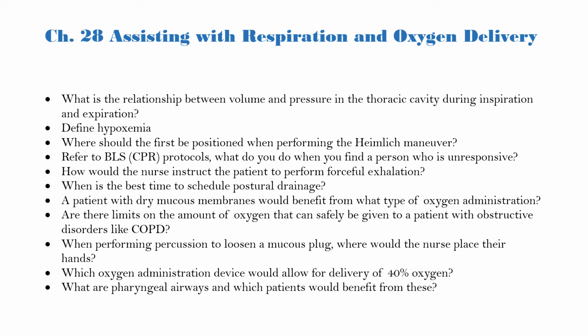A patient with dry mucous membranes would benefit from what type of oxygen administration? That would be humidified oxygen, and you can find that information on page 526. Another disadvantage associated with the use of gas is that it dries the tissues of the respiratory tract. Until moisture is added, the dried tissues can become cracked and provide less resistance to infection.